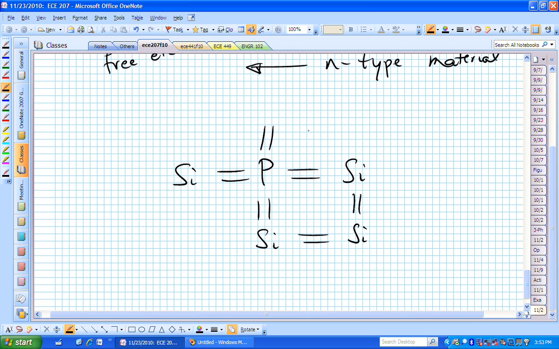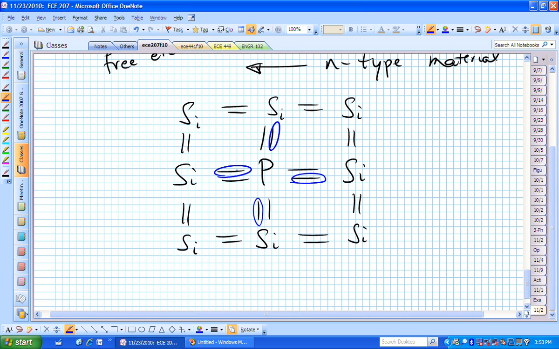Hopefully you get the idea of what I'm trying to do. If you just keep building this up, this particular silicon might donate that one, this one might donate that one, and so on. But now how many does the phosphorus have so far in my picture?